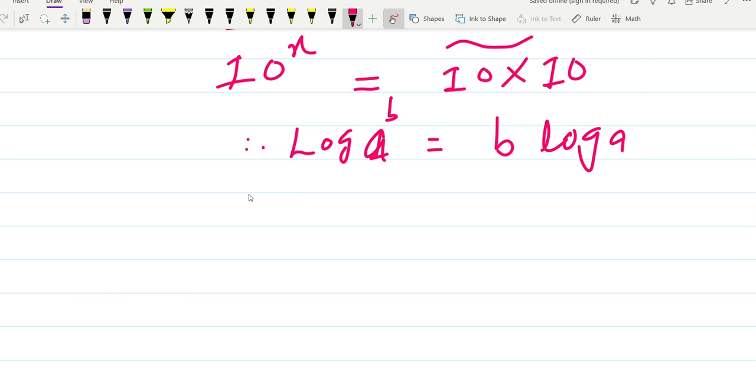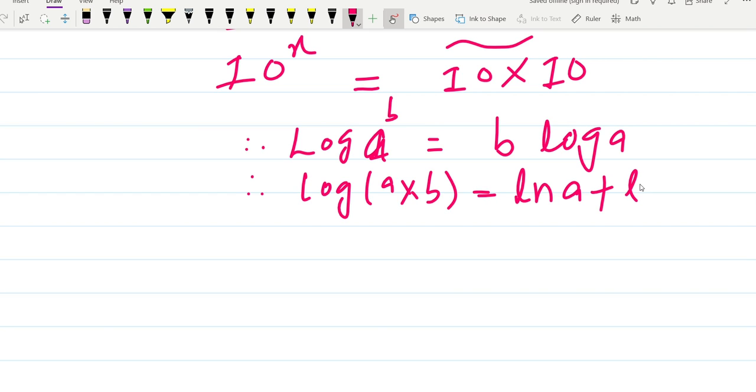So this is the formula, and the other one is log of a multiplied by b is equal to log a plus log b. So we have to use these two formulas.